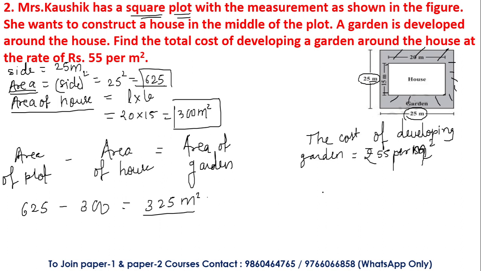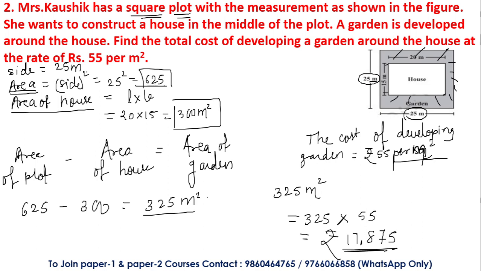Based on this, for 325 meters square it will be 325 into 55. So the answer for this question is 17,875 rupees required to develop a garden in the area of 325 meters square.